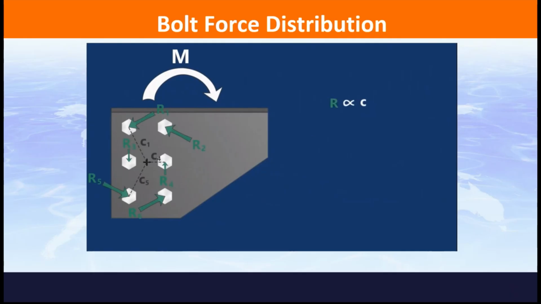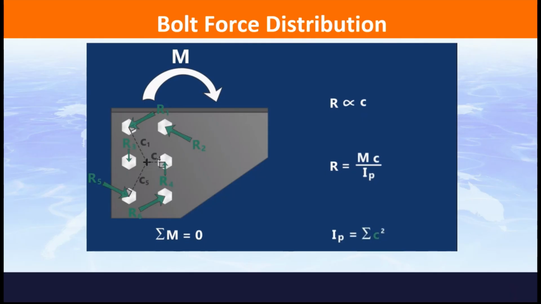Now we look at the moment. The moment applies eccentric loads in your bolts at an angle. The sum of the moments applied and reactive has got to be 0 for equilibrium. And the force in each bolt is proportional to the distance from the centroid of the bolt group. So to work out the force in the most eccentric bolt, multiply the moment by the eccentricity, or the distance c, and divide it by Ip.